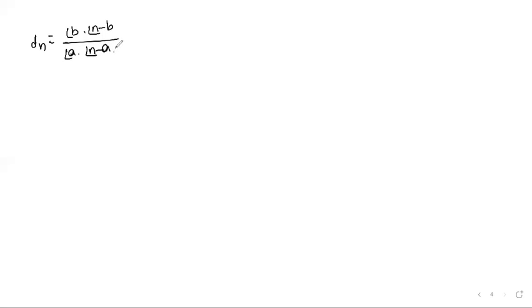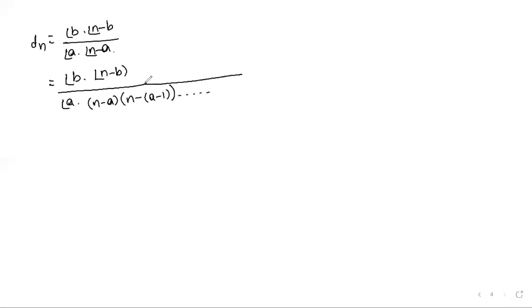So this is b. That is equal to b factorial into (n minus b) factorial by a factorial into, using the factorial notation, we can write (n minus a) into (n minus a minus 1) and so on, down to (n minus b plus 1) into (n minus b) factorial.